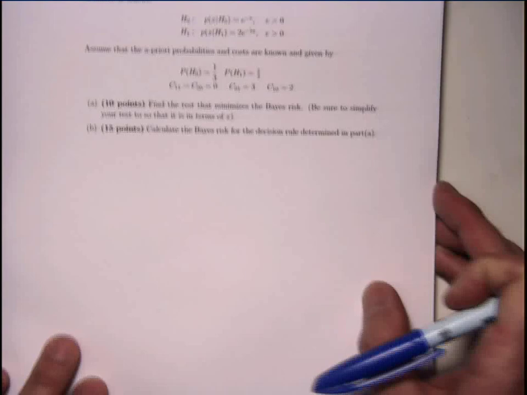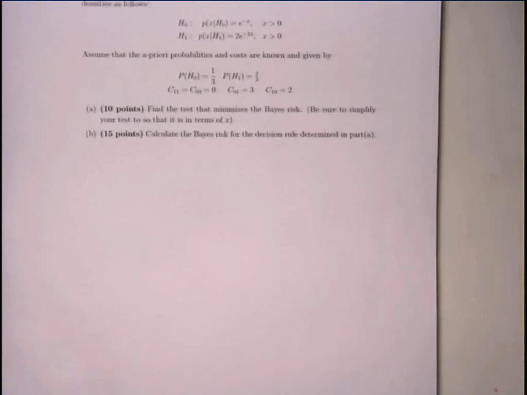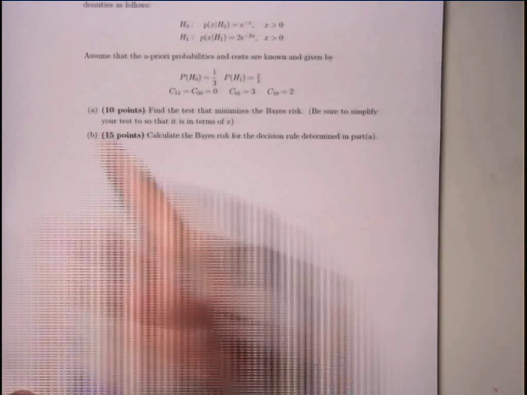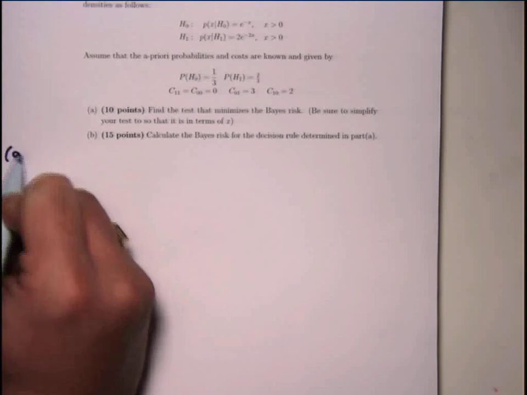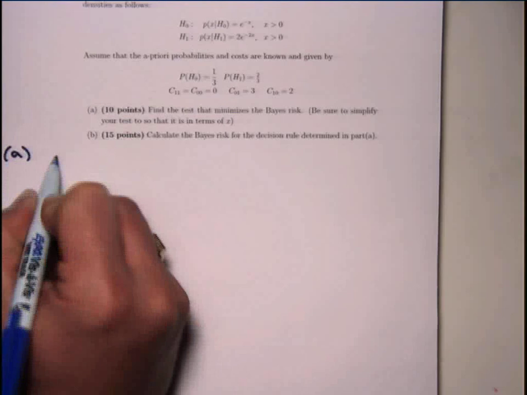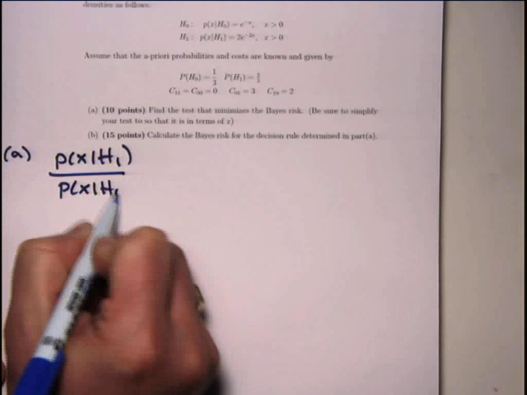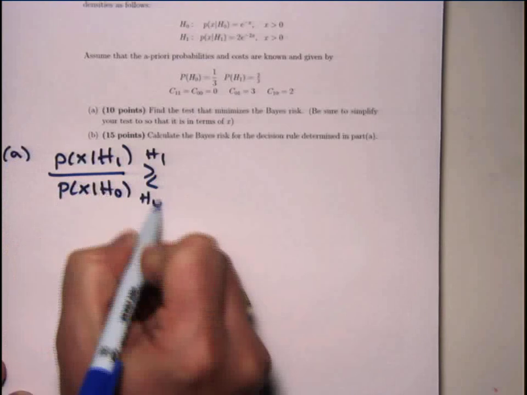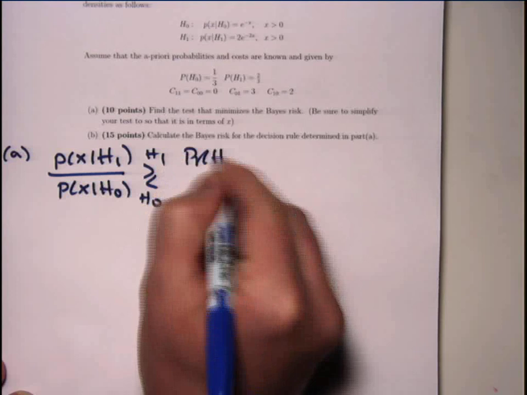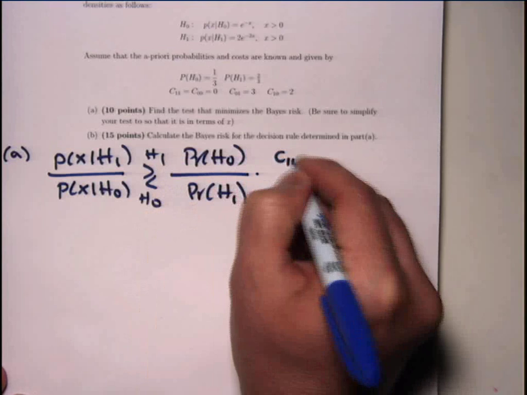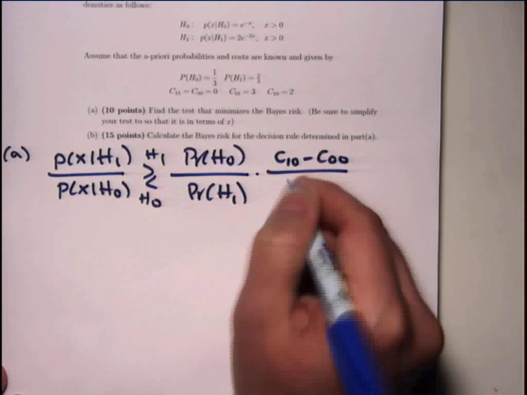So now the question is asking you to find the test that minimizes the Bayes risk and to simplify your test as much as you can. So here's part A. Let's write down f of x given H1, f of x given H0, probability of H0, probability of H1, times C10 minus C00 divided by C01 minus C11.